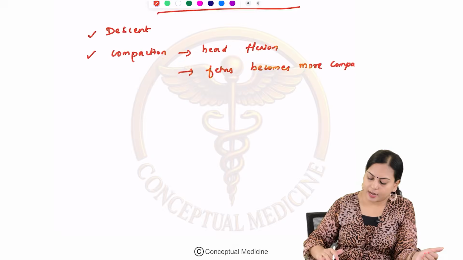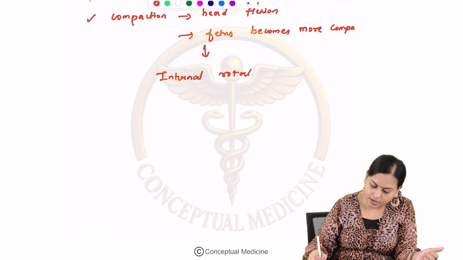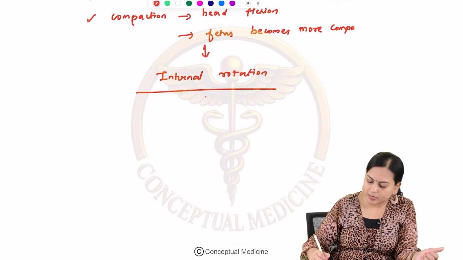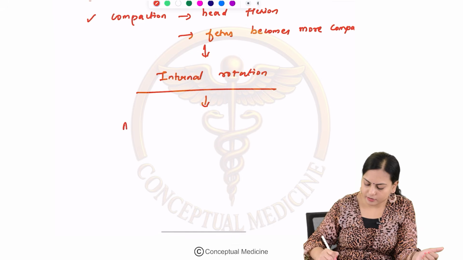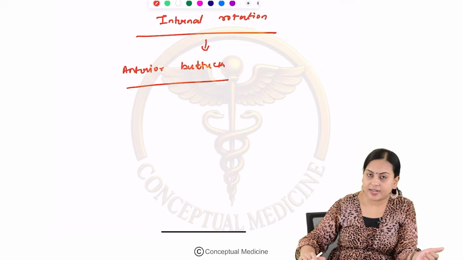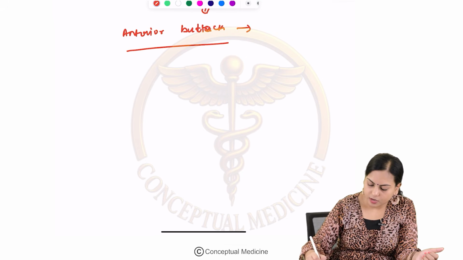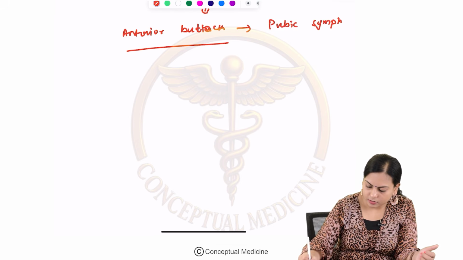After this there is internal rotation, and when this is happening, the anterior buttock is going to come and lie under the pubic symphysis.